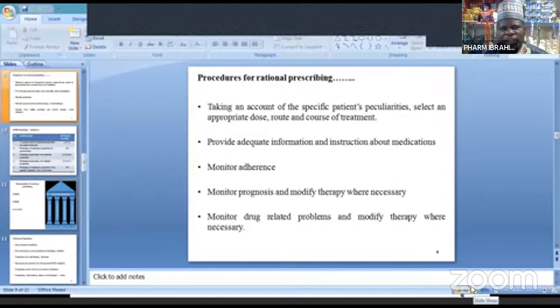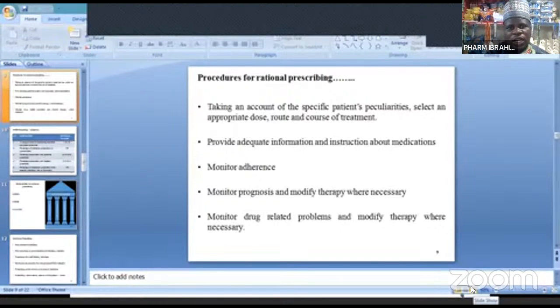So what are the consequences of irrational prescribing? The consequences include delay or inability to afford relief or cure of diseases, having more chances of adverse drug effects, and prolongation of hospitalization, increased morbidity and mortality, emergence of microbial resistance, financial loss to the patient and to the community, loss of patient confidence in the doctor and even the facility, lowering the health standards of patient and the community.